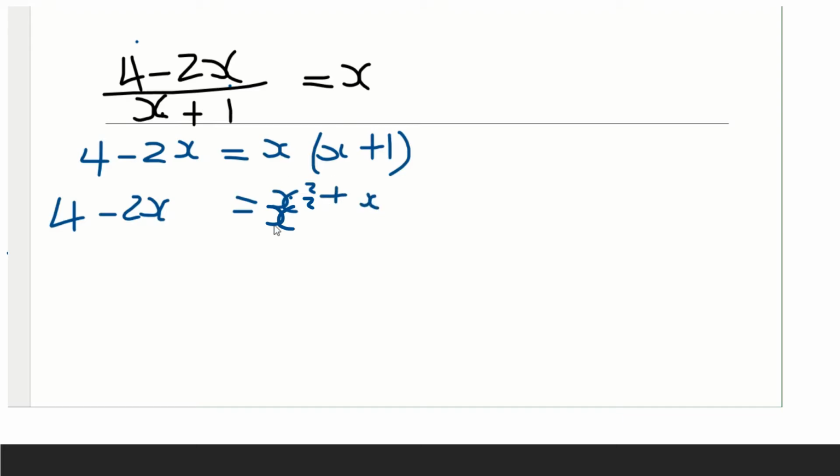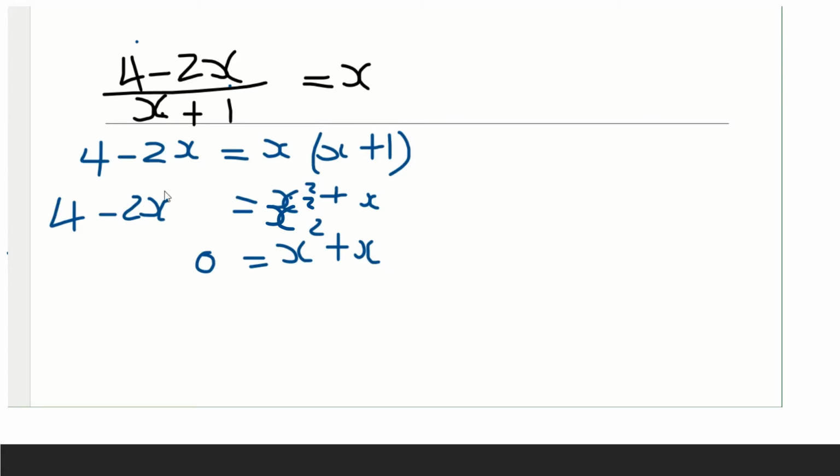As you can see, we have x squared here, so what we have is a quadratic equation. So we're going to restructure and take everything to one side so that our quadratic equation will be equal to 0. So of course we have 0 equal x squared plus x.